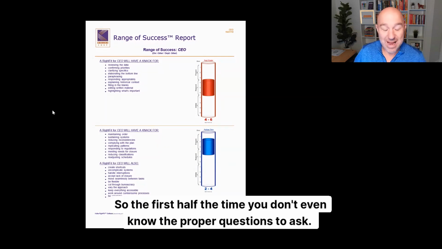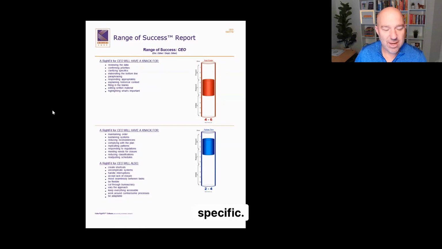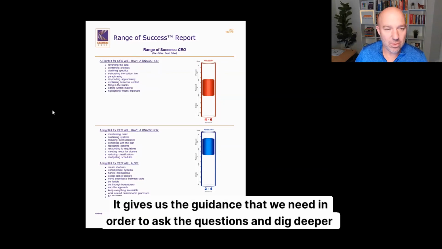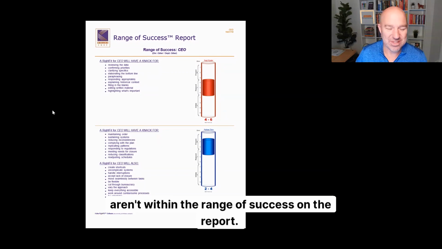So the first half the time you don't even know the proper questions to ask, but when we start laying this out in this sort of way, it's very concise, very specific. It gives us the guidance that we need in order to ask the questions and dig deeper into some of the areas that we think they may have issues around, especially if they aren't within the range of success on the report.